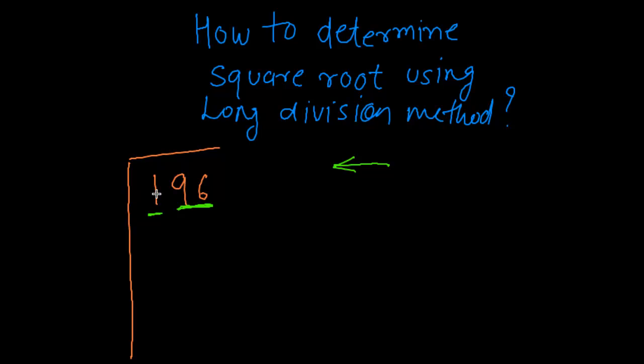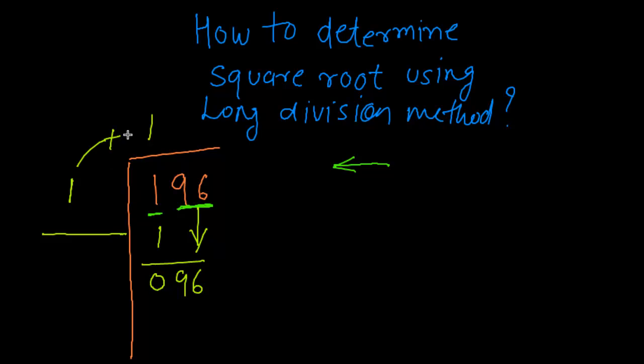So which number would be closest to 1 and be a perfect square? The 1 itself. So choose it, 1. Then 1 ones are 1 and the remainder would be 0. Now both of these digits would come down together because they are in a pair. So we got 96 over here.